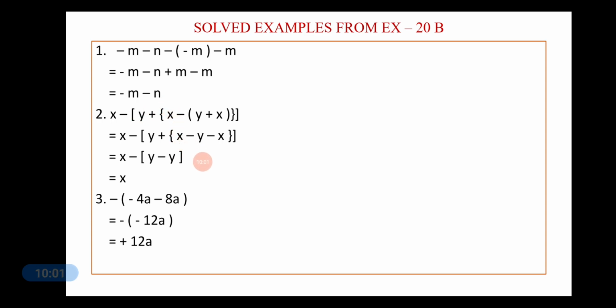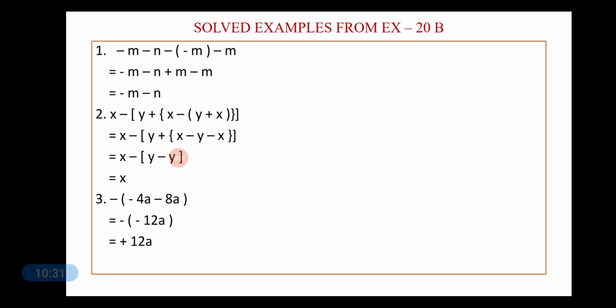See the second sum. Here you have all the brackets present except the vinculum. So x minus within box brackets you have y plus within curly brackets x minus within simple brackets y plus x, and all the brackets are closed. So when you open this simple bracket, you get within the curly brackets x minus y minus into plus x as minus x.